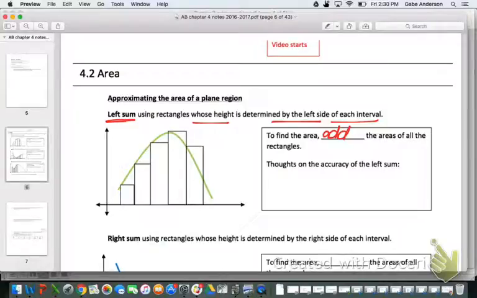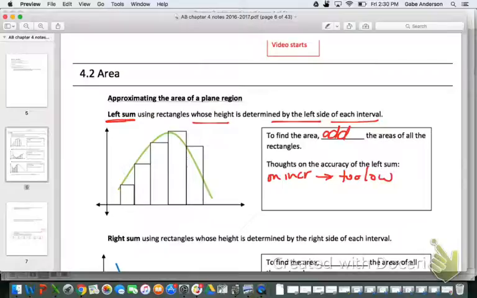One other note on accuracy. Did you notice that on this part of the graph over here, the green graph is increasing? If I use a left sum, which I am here, on a graph that's increasing, I think it would be safe to say that the sum would be too low. So I'll put, on increasing functions, a left sum is too low.